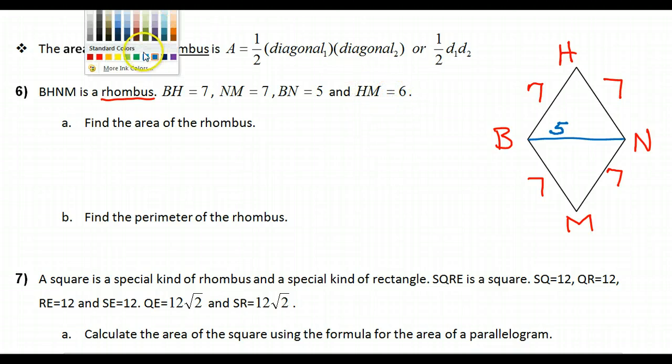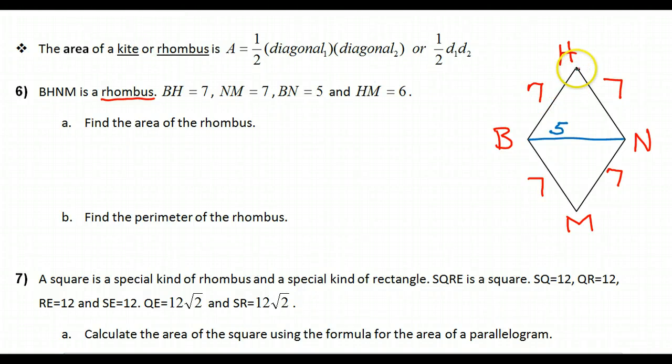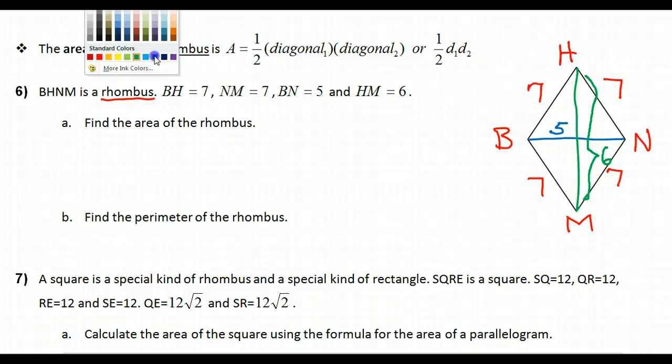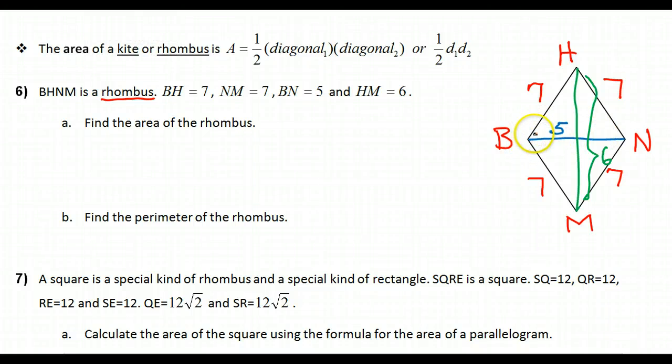HM is the other diagonal. So HM here is 6. And this guy right here is the one that was 5. Maybe I'll just move it up. The point is that BN and HM are the diagonals.